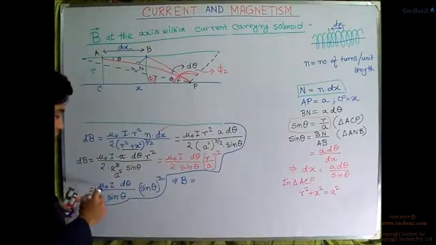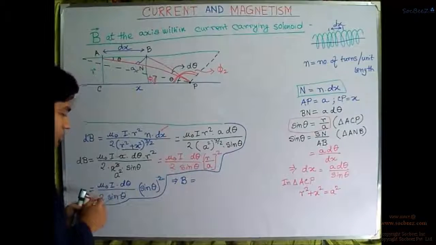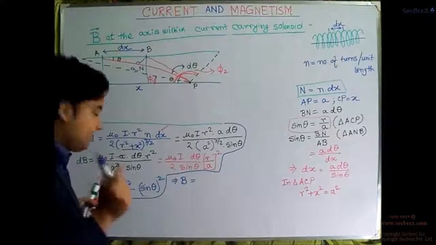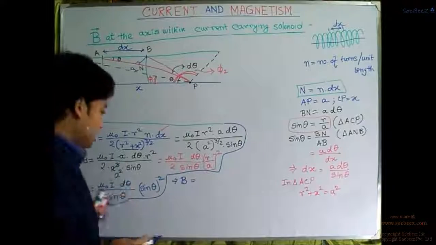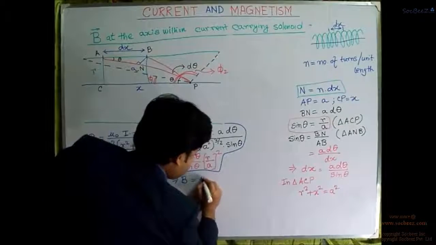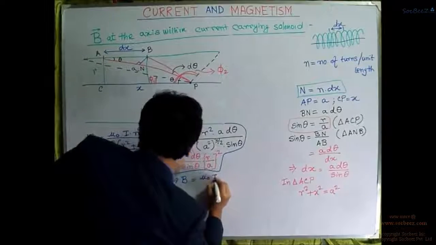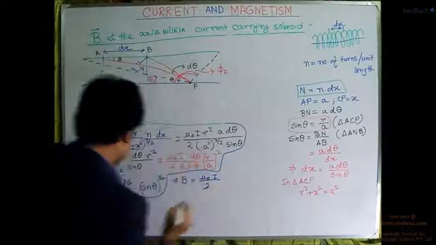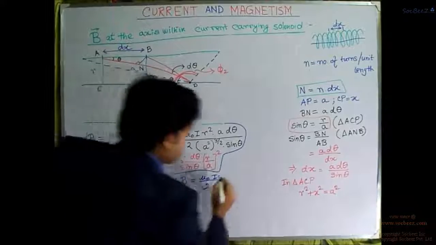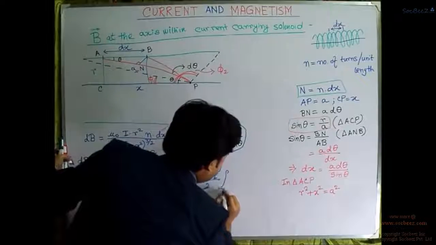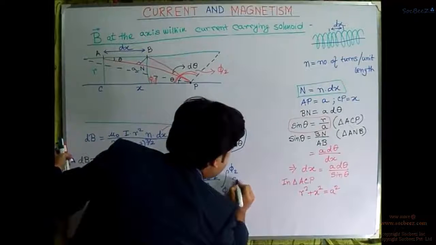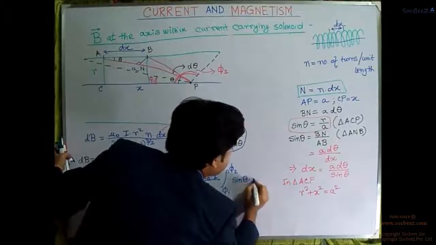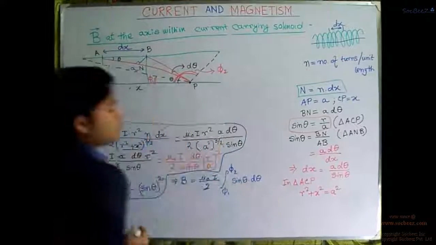Over here mu naught is constant, I is constant, 2 is constant. It shall come outside, only the value of sine theta will vary with respect to d theta. So we can write it as mu naught I divided by 2, and this will be the integration from phi 1 to phi 2 of sine theta d theta, right?